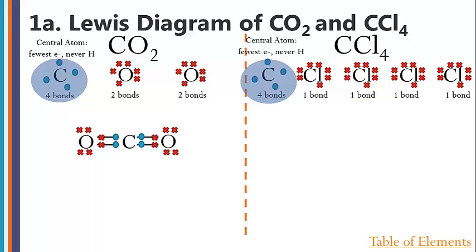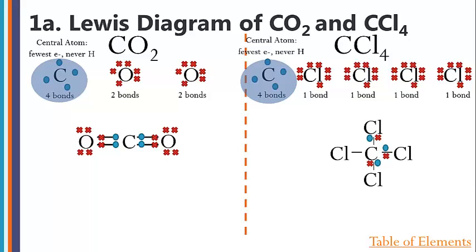Next, I have to figure out my central atom. Again, it's whichever one has the fewest valence electrons, but it will never be hydrogen. So carbon is my central atom, and I have to somehow attach 4 chlorines to that carbon, and each chlorine is only allowed to make 1 bond. A single bond is going to be 2 electrons, so half of those 2 are from carbon, and the other half are from chlorine.